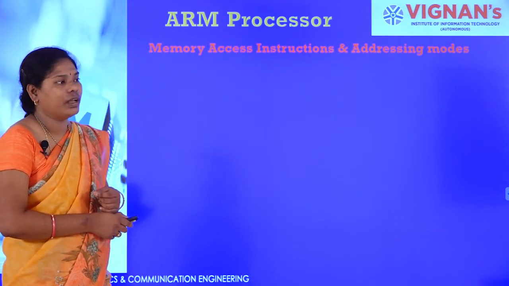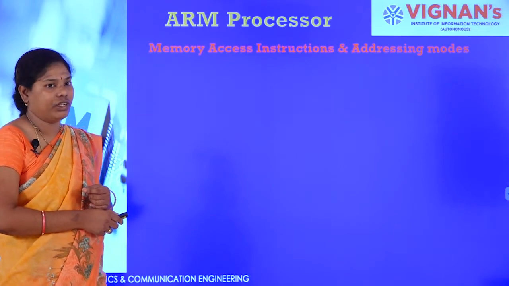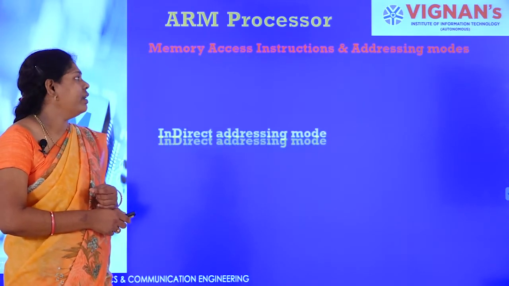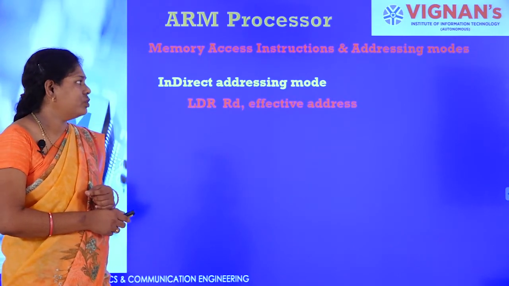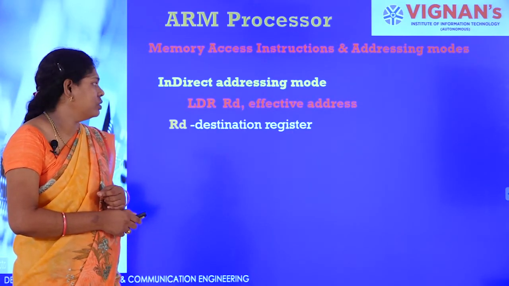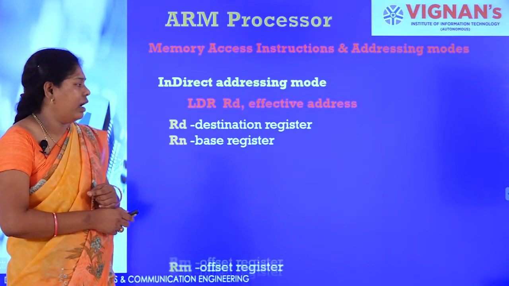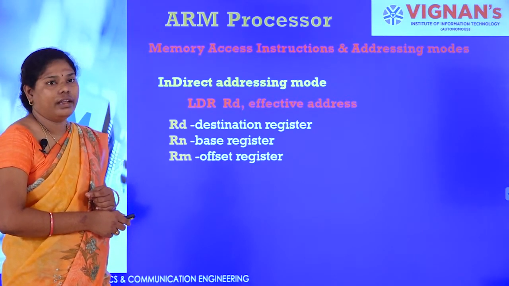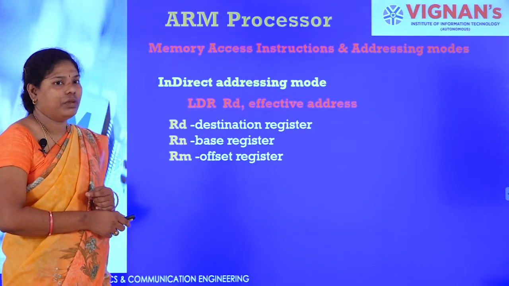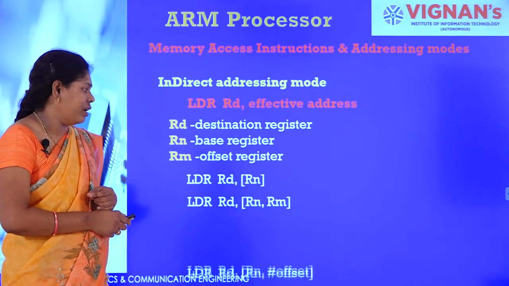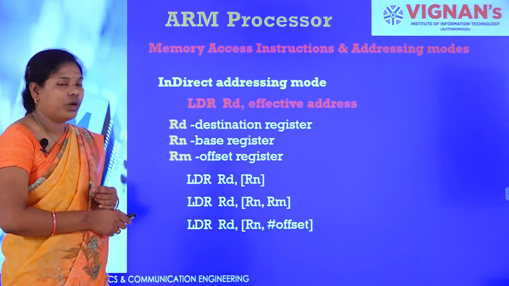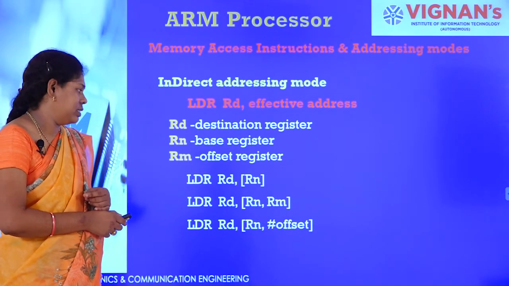Let us see how we can generate the effective address. The effective address is generated by indirect addressing mode. Okay, indirect addressing mode, to generate an effective address we are using the registers Rn and Rm. Here Rn is the base register and Rm is the offset register, and these are the possible ways to access the effective address.